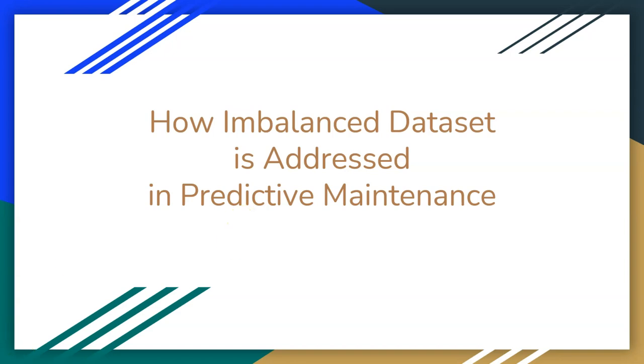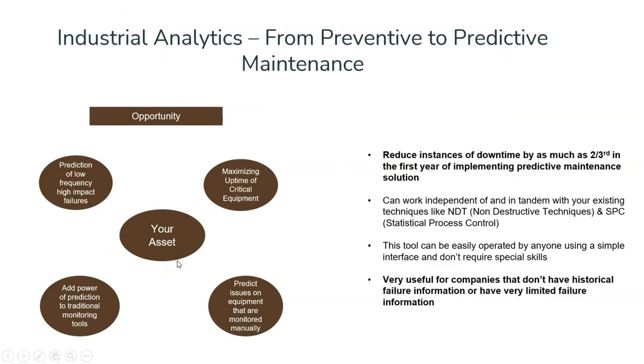Okay. Predictive maintenance comes under industrial analytics. That is, in factories and industrial establishments, maintenance managers and factory managers would like to know ahead of time, of course, when machines are likely to fail.